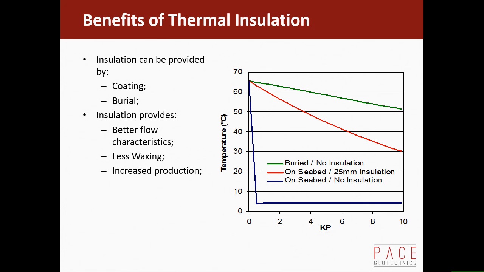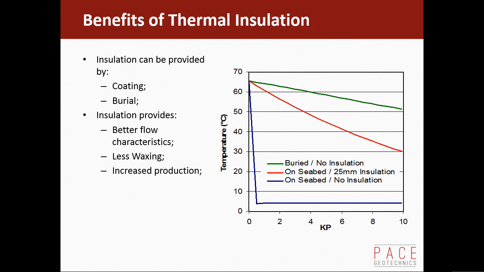One of my clients actually trenched this pipeline. I haven't got the trench profile, but I think it was pretty much as expected. Just by trenching the pipeline and backfilling it, as it was a live pipeline, the production went up 30%.